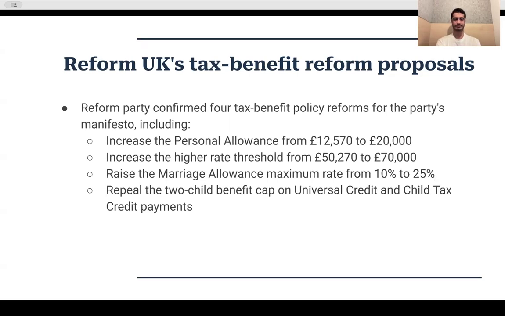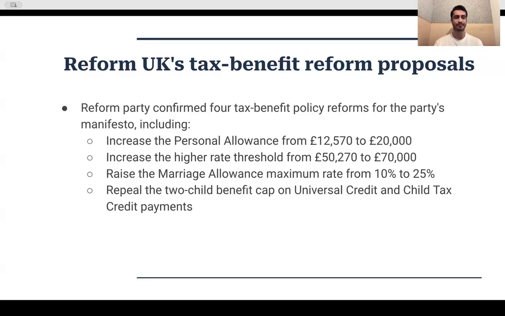The first is increasing the personal allowance to £20,000, increasing the higher rate threshold to £70,000, raising the marriage allowance maximum rate from 10% to 25%, and the newest one is to repeal the two-child benefit cap on universal credit and child tax credit payments.